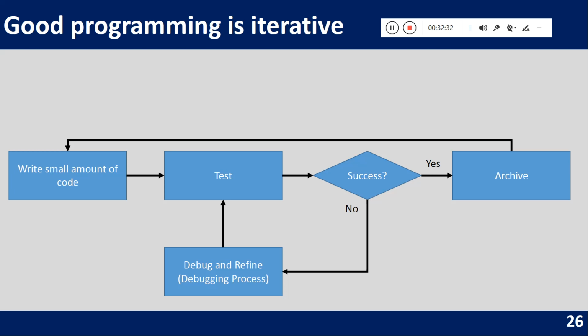And good programming is iterative, where maybe you write a small amount of code and test it, to see whether it passes or not. If not, debug and refine it.